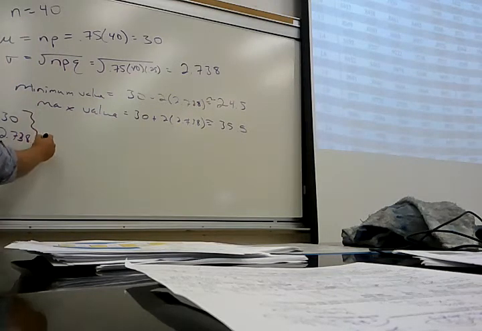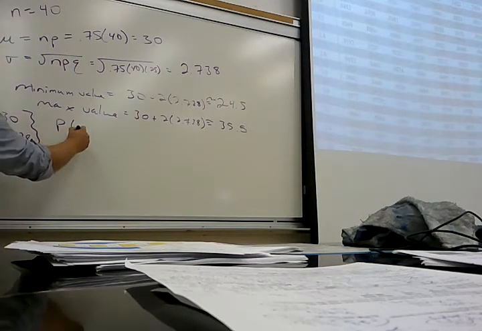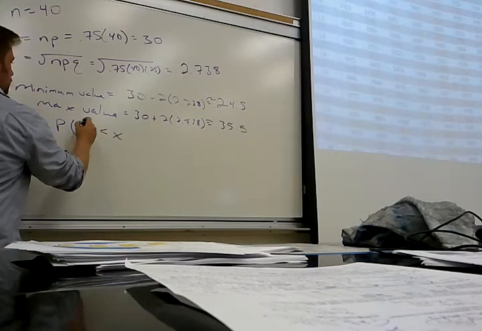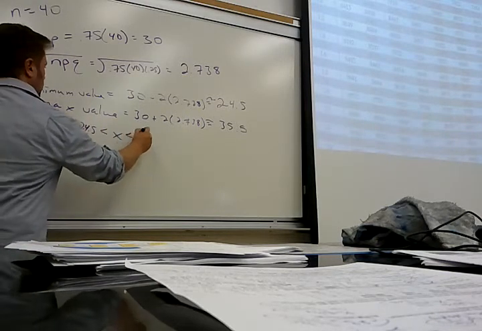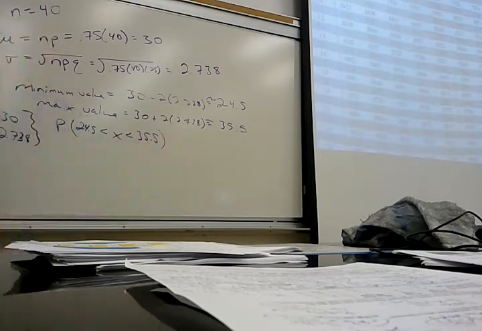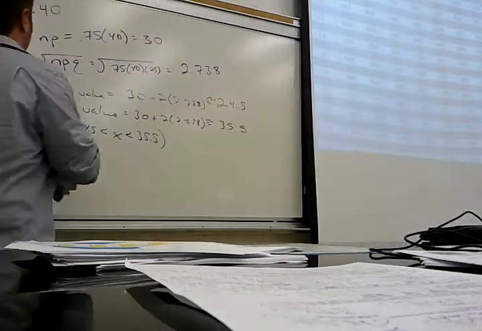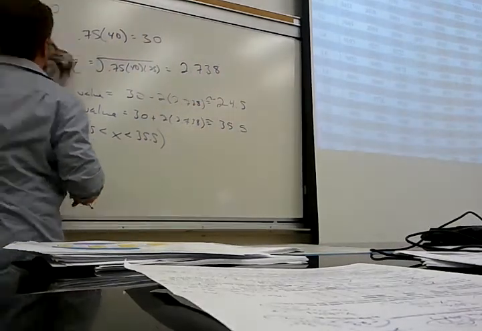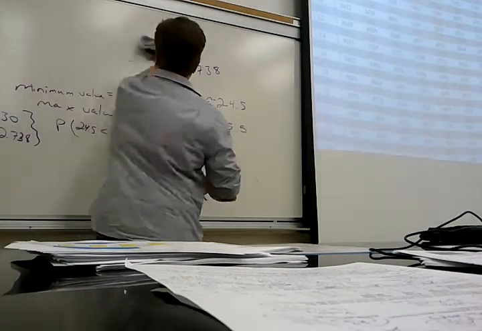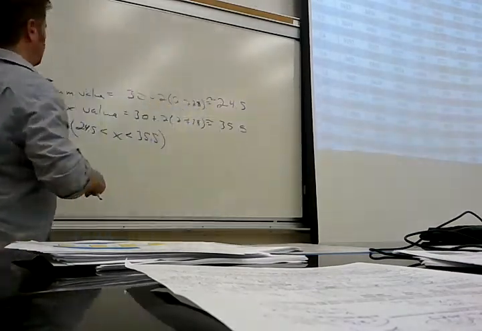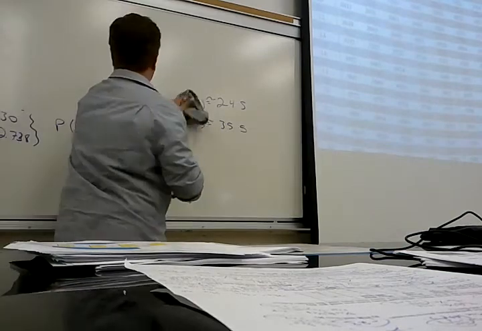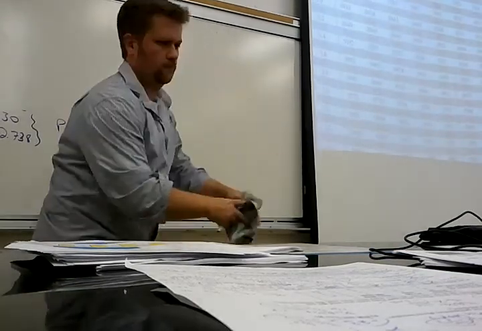So let me put this in a question here. What's the probability that I see between 24.5 and 35.5 peapods that are green? So draw the picture out. We don't need this anymore.